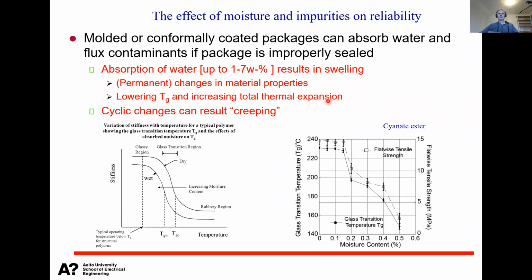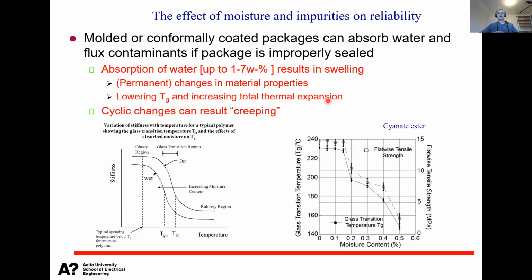Of course, metals are sensitive when you have some impurities there, and then the corrosion problems start to appear. But if we first think only of the effects of moisture, then the organic materials, different types of glues, adhesives, organic substrates, and these kinds of things, are sensitive to moisture. And why they are sensitive to moisture is especially because they can absorb water.